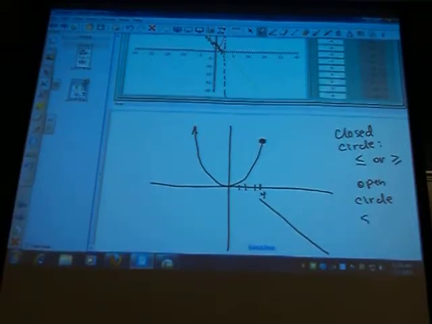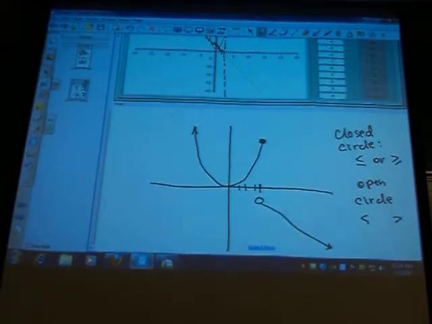And anytime you just have less than or greater than, you want an open circle. Okay, so that's what my graph would look like if I tried to graph it. If they asked me to choose one, that's the one I would choose.